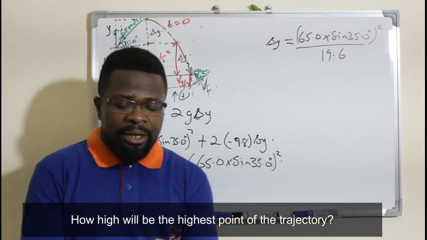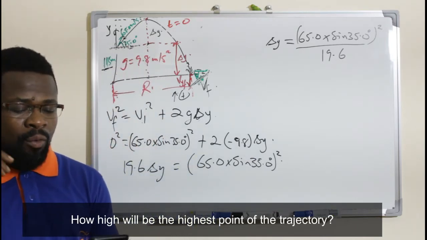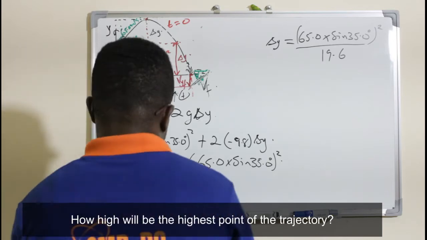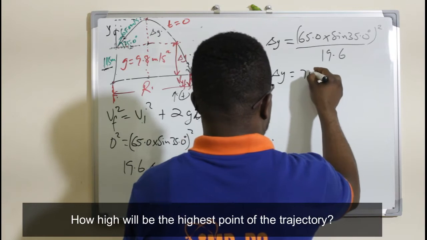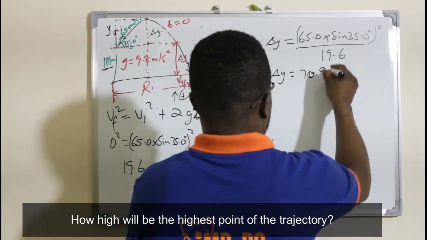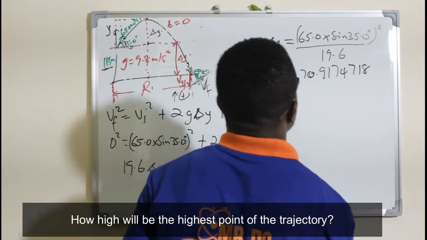Okay, so once I do that, I am getting 70.9174718. So this is change in y equals 70.9174718.